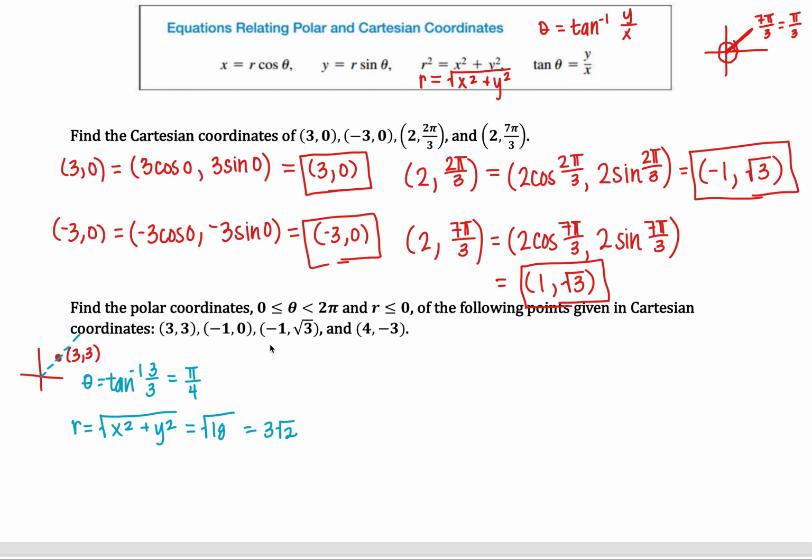Now, if r were positive, we would be done. We could say that our polar coordinate is the point 3 square root of 2, pi over 4. But we're given this crazy stipulation here that r has to be negative. So that means our r value cannot be this positive 3 square roots of 2, but rather it needs to be the negative of that.